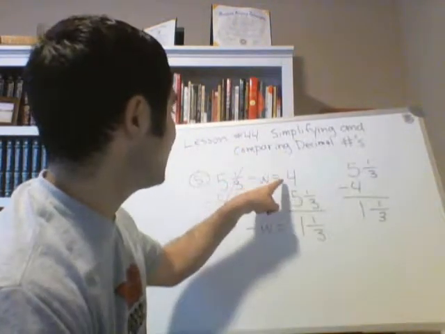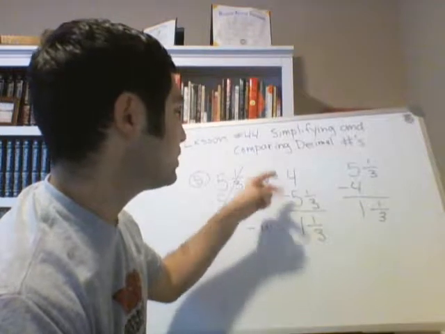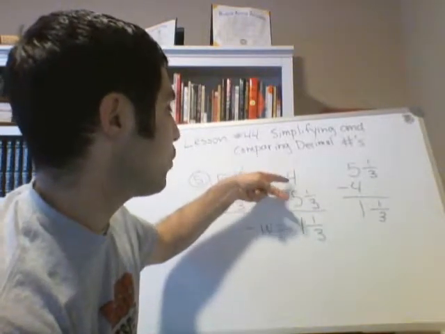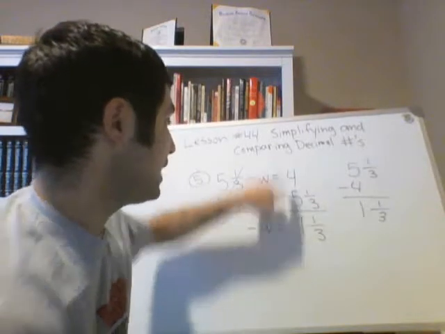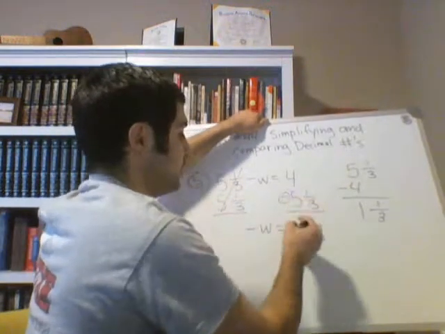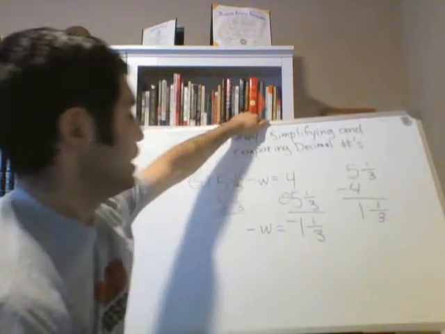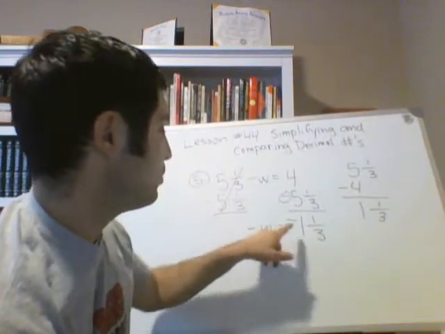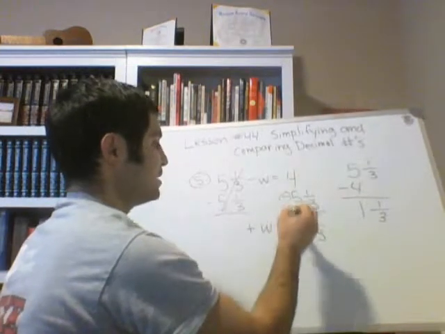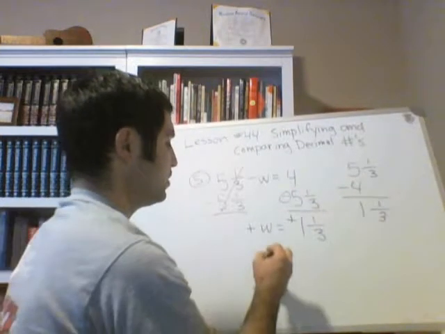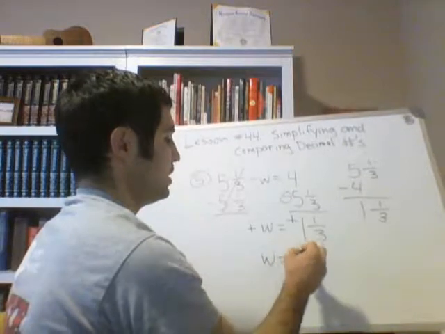I have a positive 4 and a negative 5 1/3. What number is bigger, 4 or 5? Obviously 5 1/3 is bigger. So I'm going to take the sign of the bigger number, put it there. Now, I have a negative w and a negative 1 1/3. So I'm going to make them both positive. So w is going to equal 1 1/3.